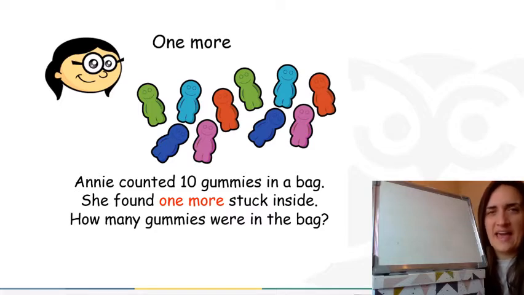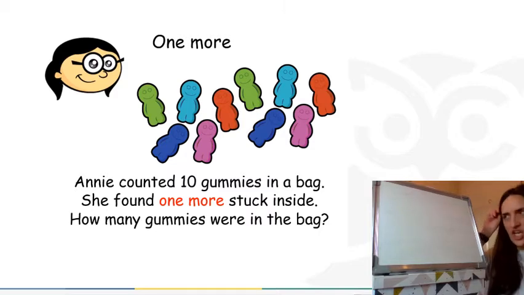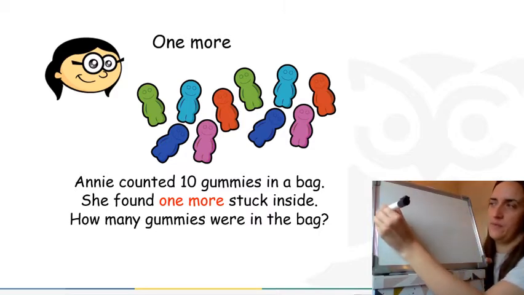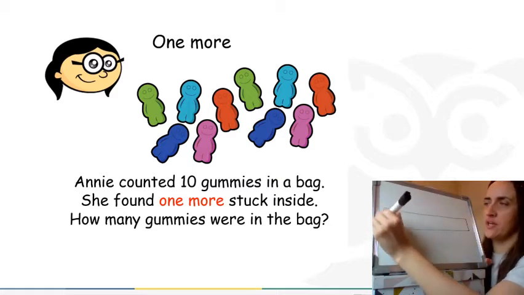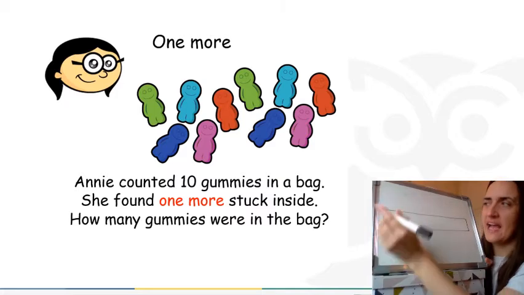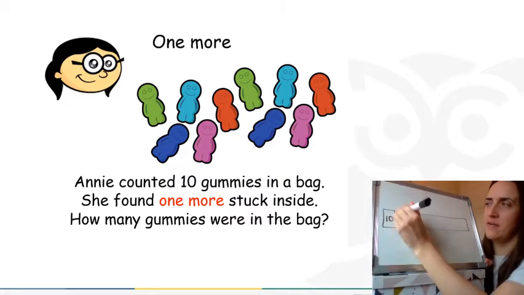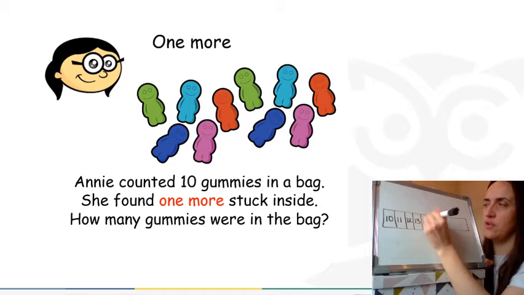We need to work out what 1 more than 10 is, because she had 10. So for this question, because it's 1 more, I need to think about my numbers that are a bit bigger than 10. My numbers 11 to 20, and they're going to be really useful today.